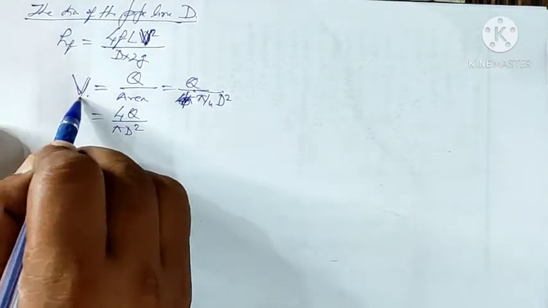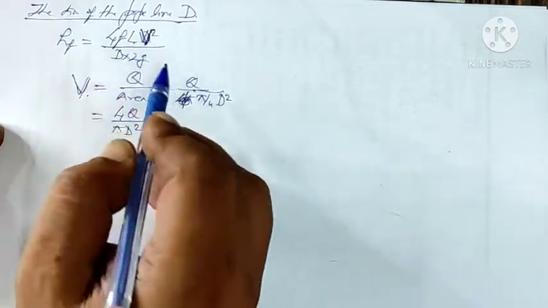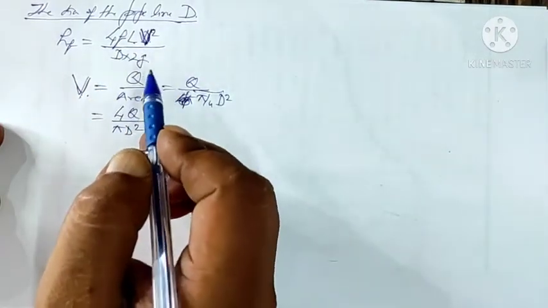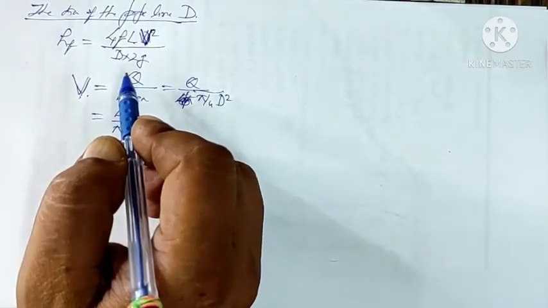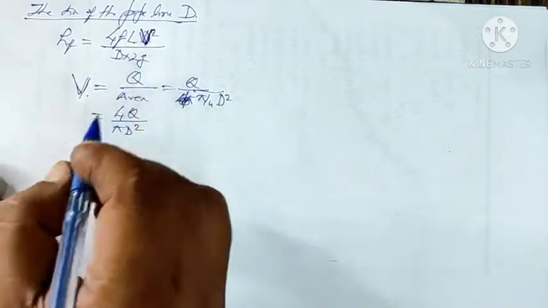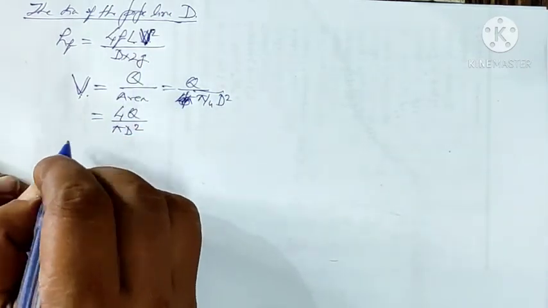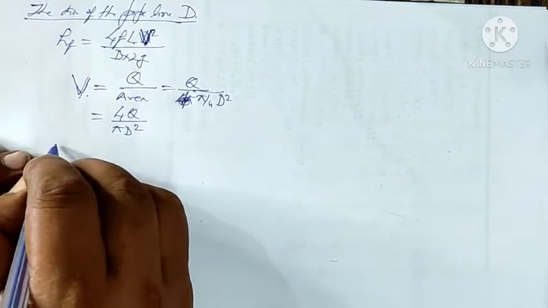Now we will substitute this value V. We know the length, we know this diameter also. So we will find out the value of diameter.